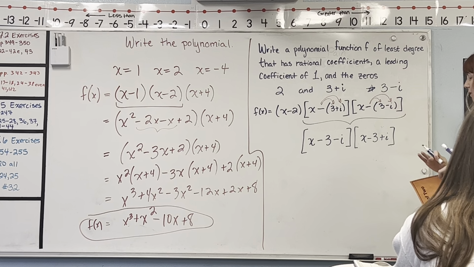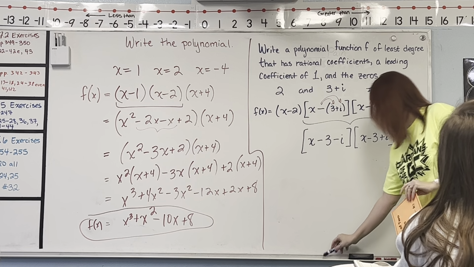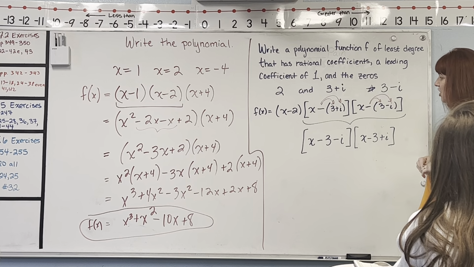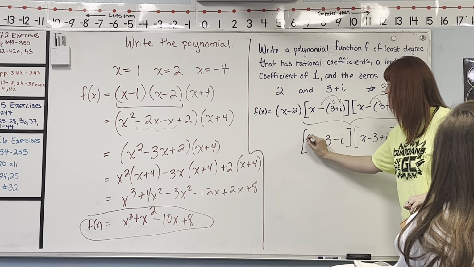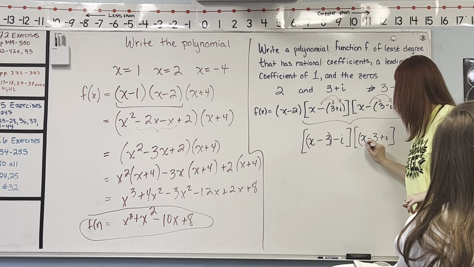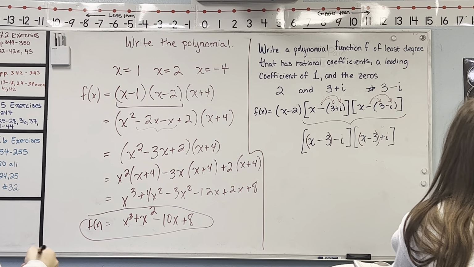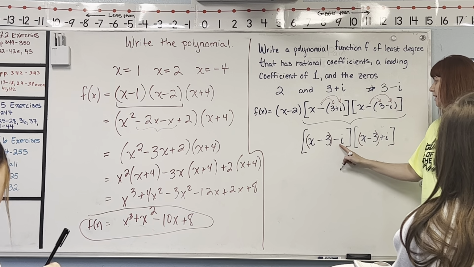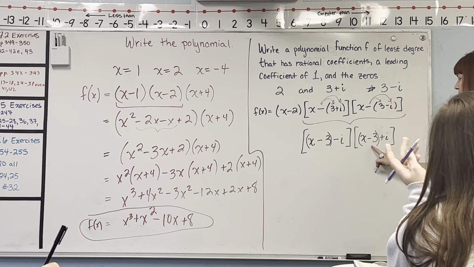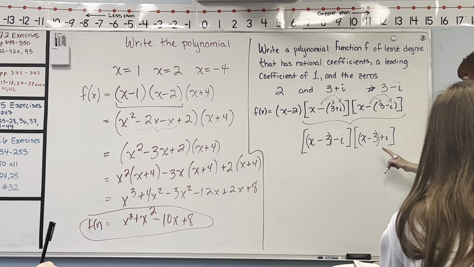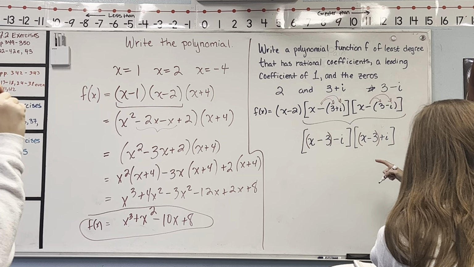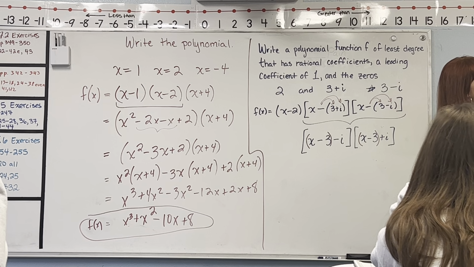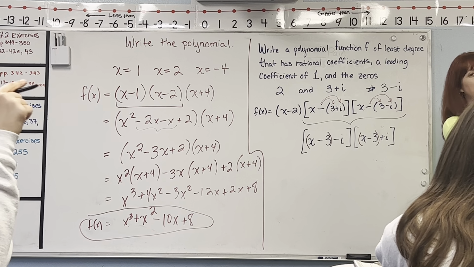So if I was to just put parentheses right here, it doesn't change anything. If I put parentheses around this, like that, I have x minus 3 minus i, x minus 3 plus i. We have the same thing, plus and minus, right?